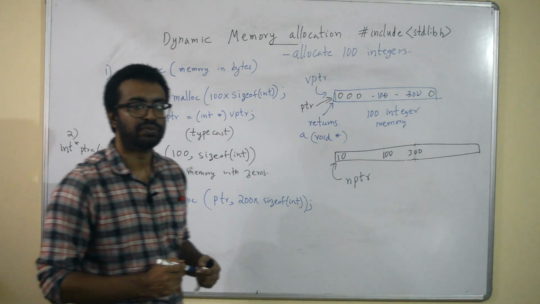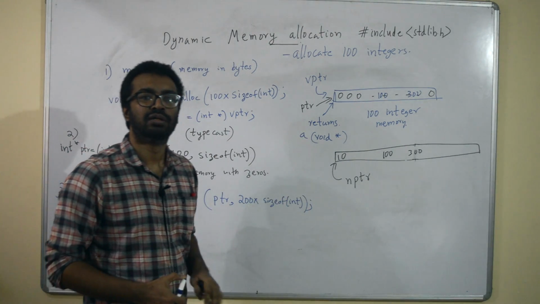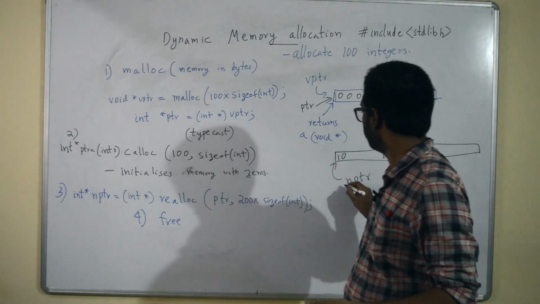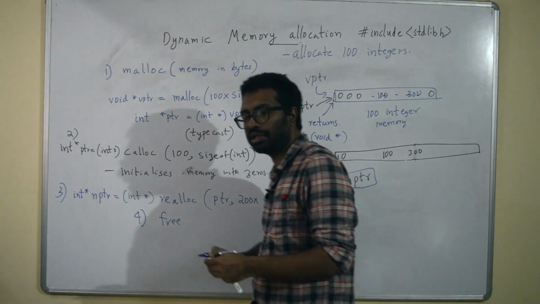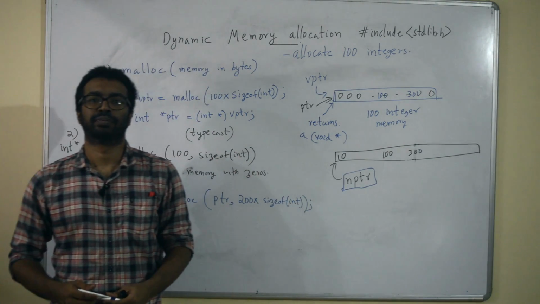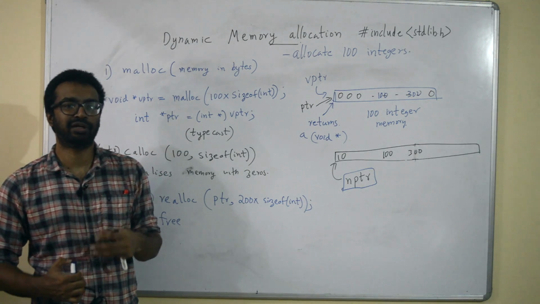What does free do? You have allocated this memory, right? Let's say you have NPTR. NPTR is a pointer which points to these 200 integers. Now, this is something you have dynamically allocated.